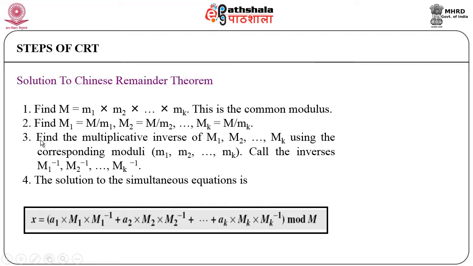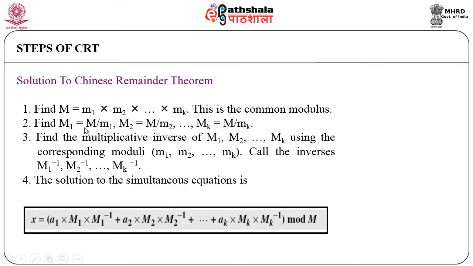Then step 3: find the multiplicative inverse of capital M1, M2, M3 and Mk using the corresponding moduli smaller m1, smaller m2 and so on, which we call the inverse of capital M1, inverse of capital M2, inverse of capital Mk. So, the third step will help you find the multiplicative inverse of each and every modulus which is dividing the common modulus.